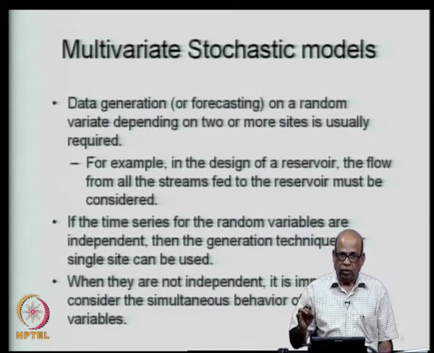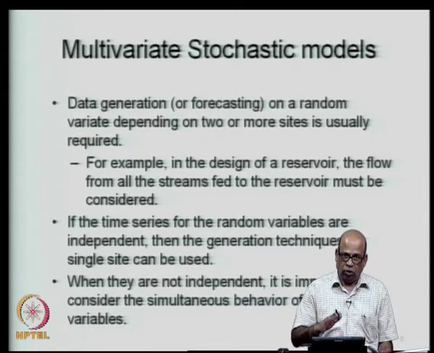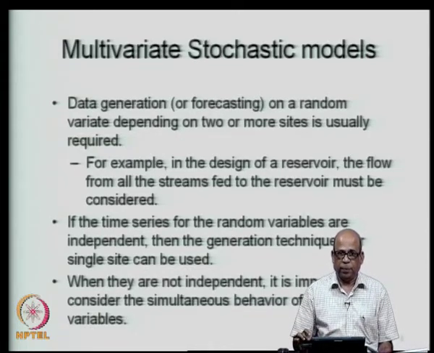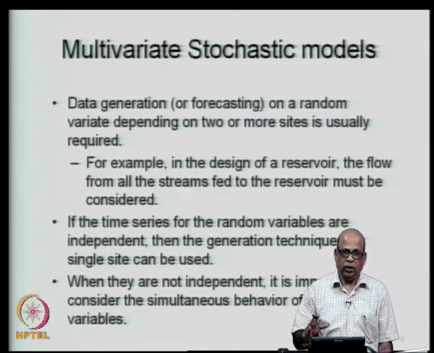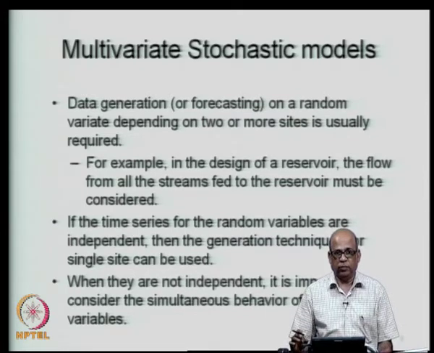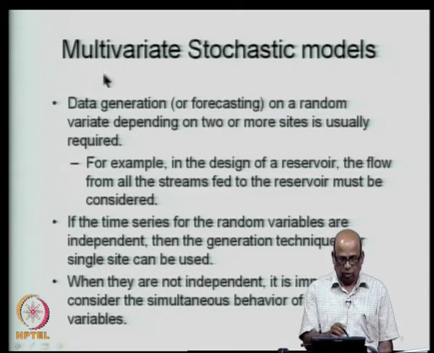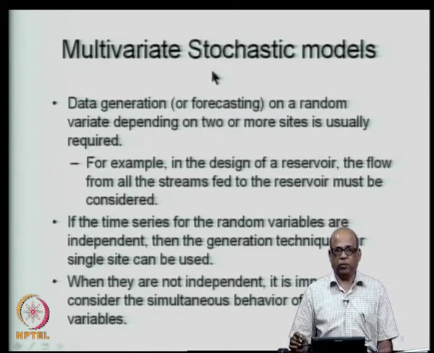That means you have to take into account the dependence of flows at one site on the flows at another site, and that is how you need to do the data generation. These are called multi-site data generation models in hydrology, and the broader class is multivariate stochastic models.